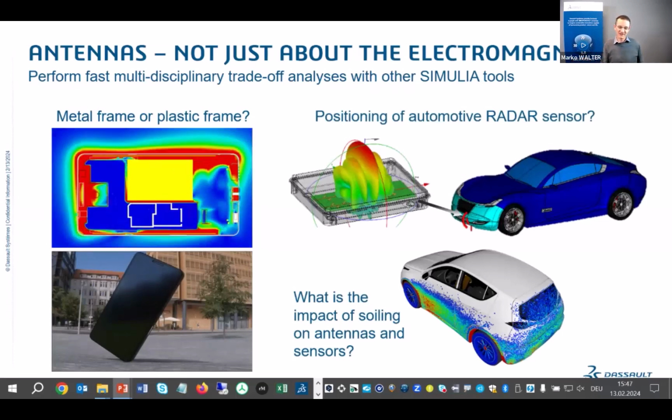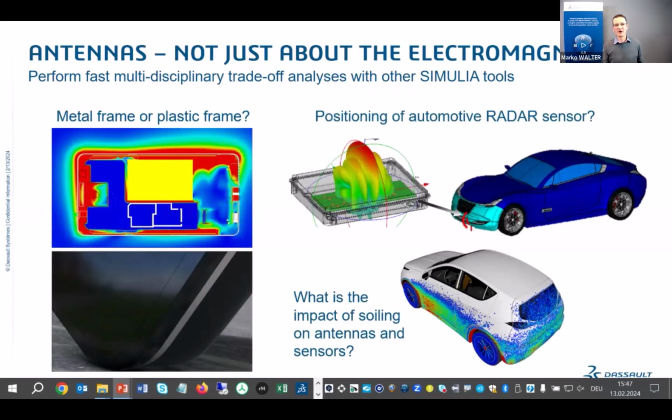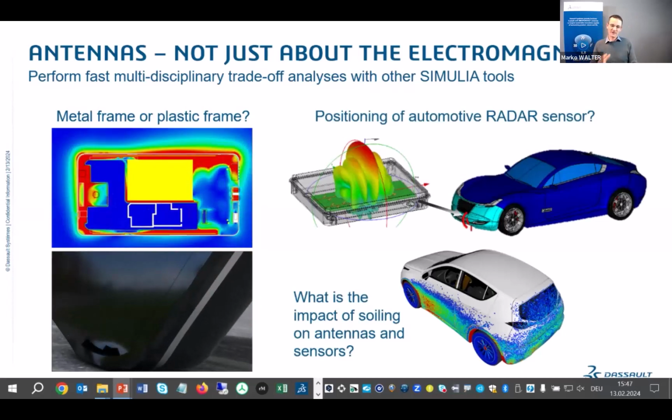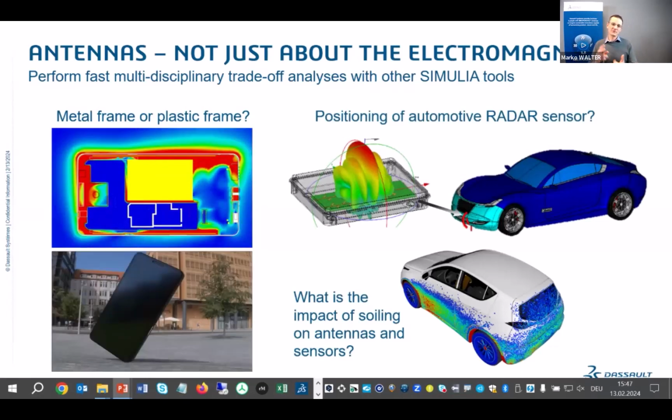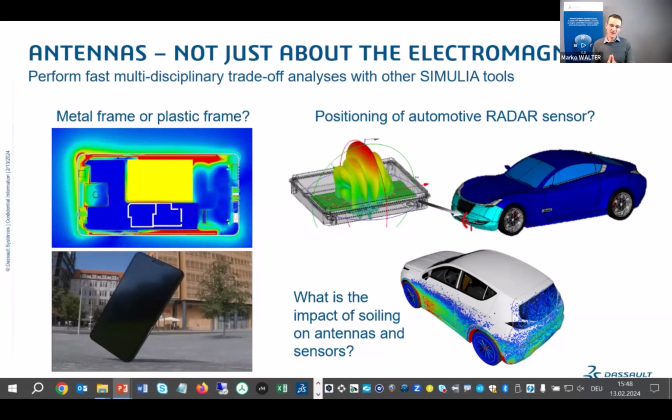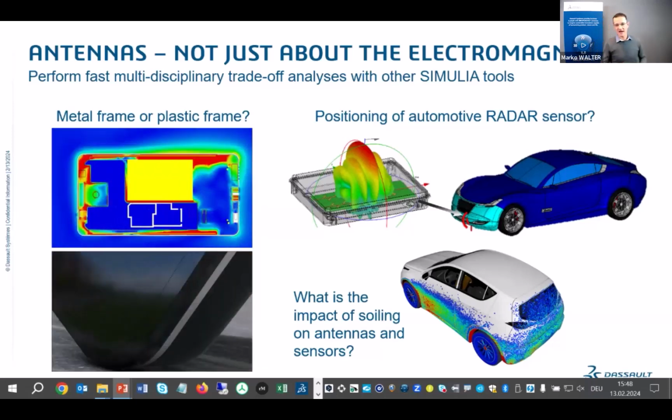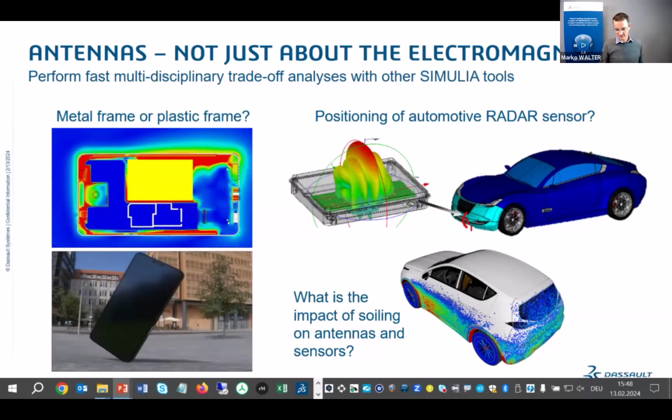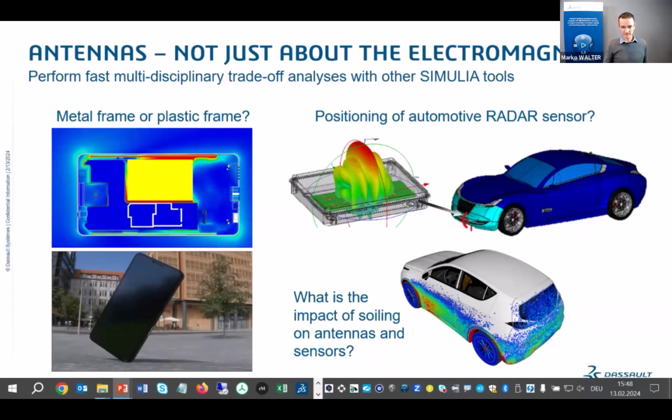Is that area going to get covered by mud and prevent the operation of the antenna? So linking electromagnetic design of the antenna to structural and computational fluid dynamic design, seeing these things in combination, is really important to designing antennas that work well electromagnetically, but that also are right for the job that they're meant to do in the environment or in the device that they're meant to enable.